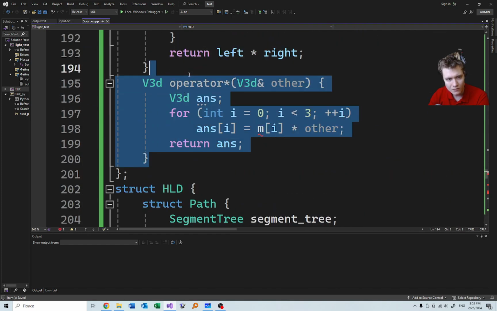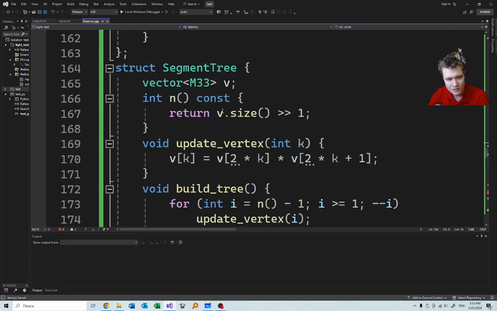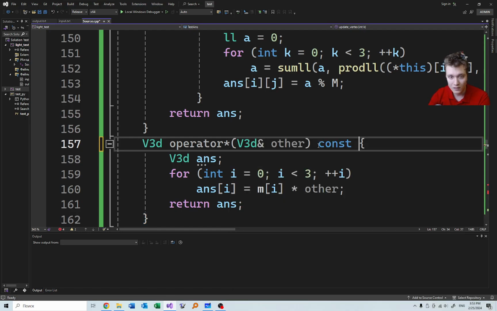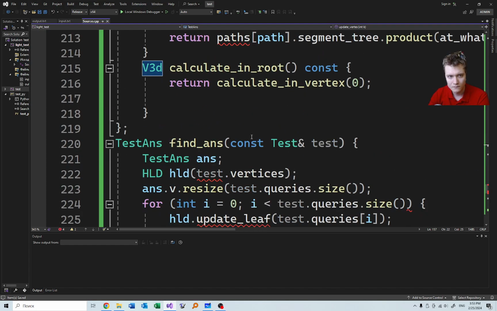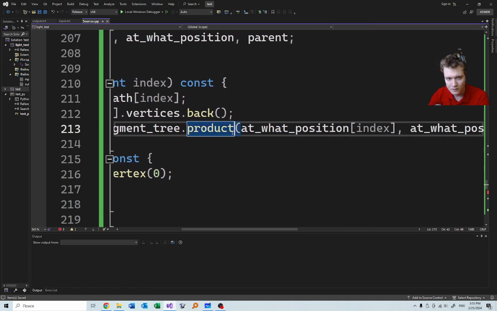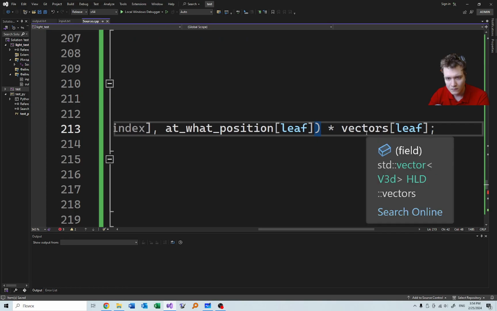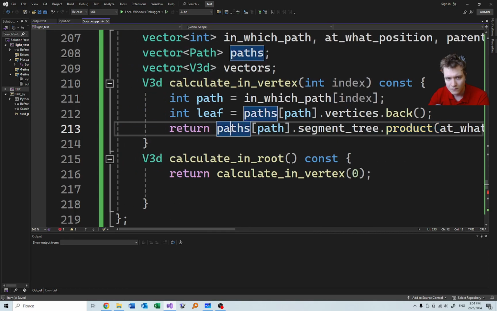So we need to remove it from here, put it here. Yes, now it's correct. Still nothing. What's product? Now it's fine.